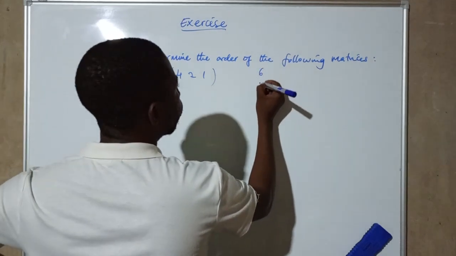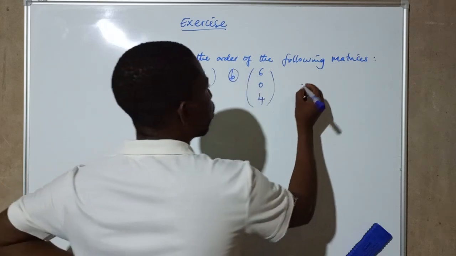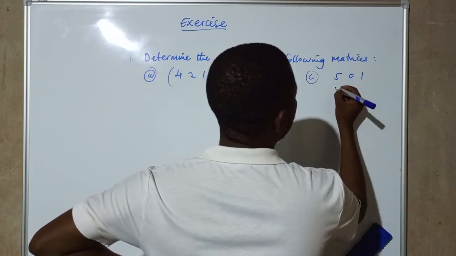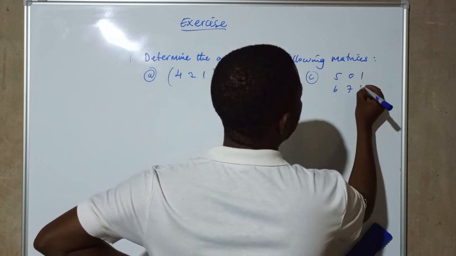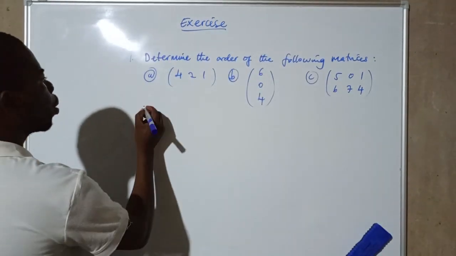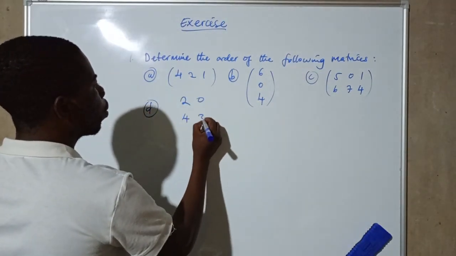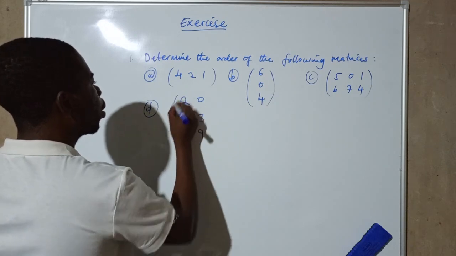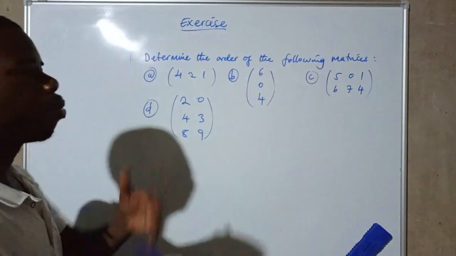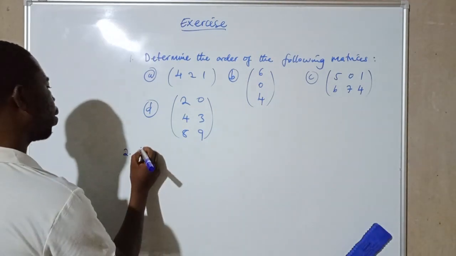Then B: 6, 0, 4. Then C: 5, 0, 1, then 6, 7, 4. Then D, I'll give you like 2, 0, 4, 3, 8, 9. So you have A, B, C, D. You need to determine the order according to what we did in the first concept.